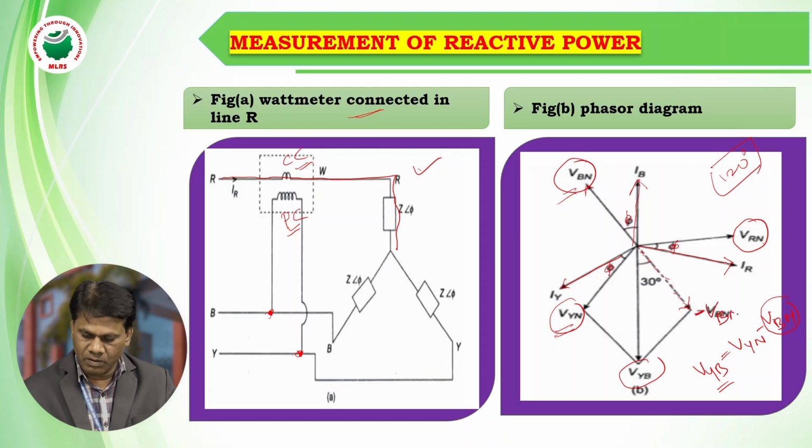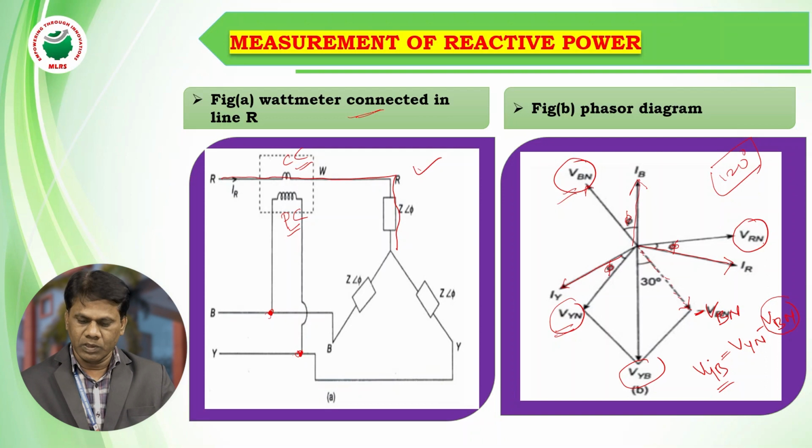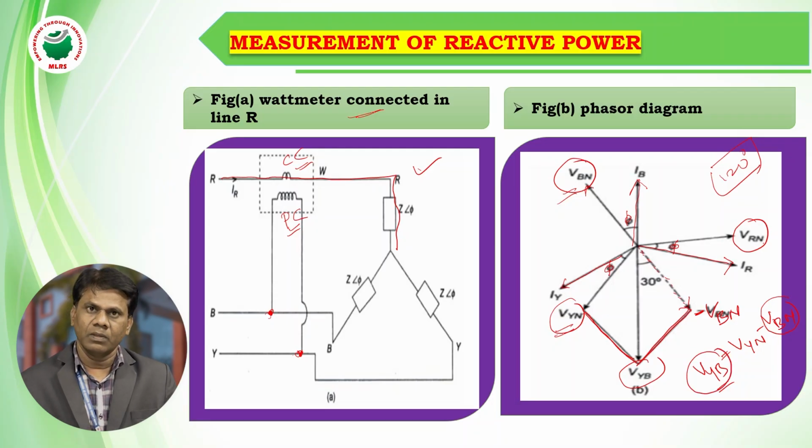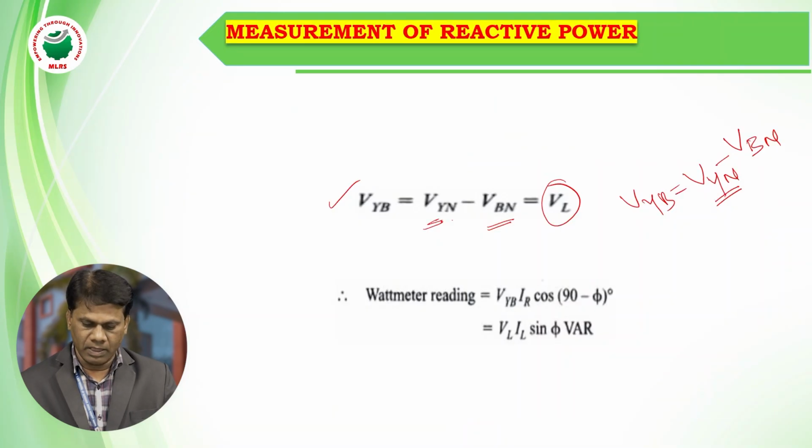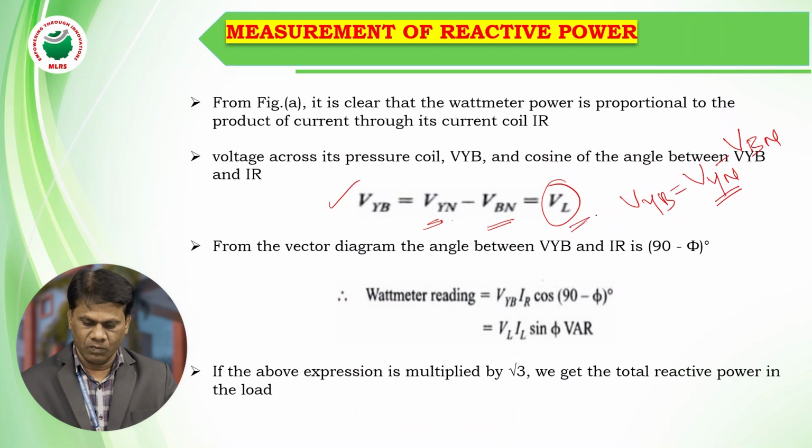By combining these two phasors, VYN minus VBN, we get VYB. This is the voltage we need to measure the reactive power, and this is the line voltage.